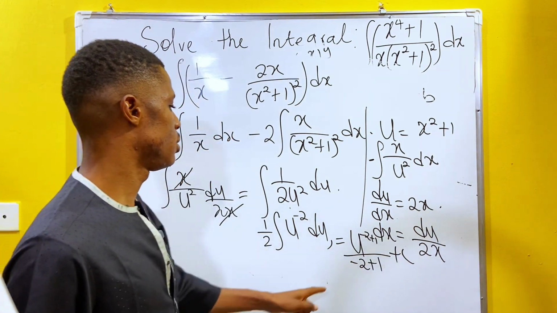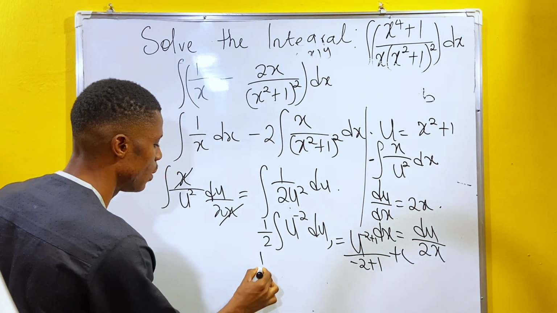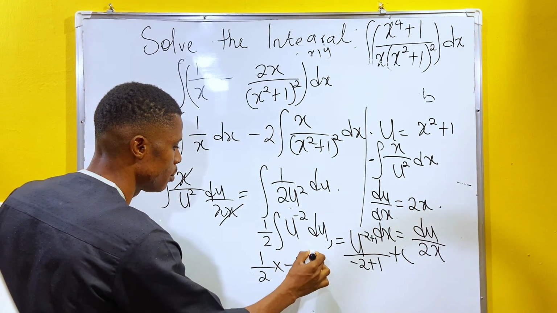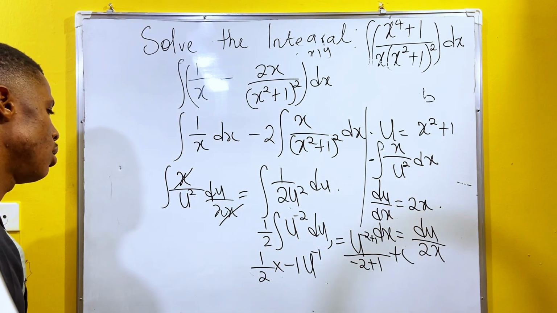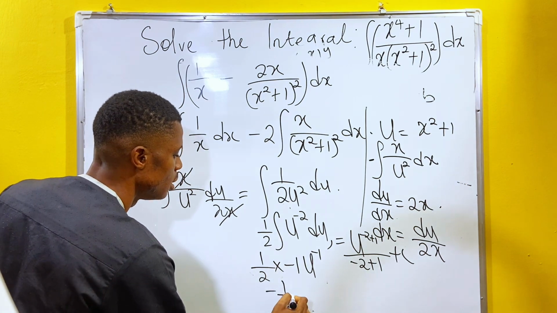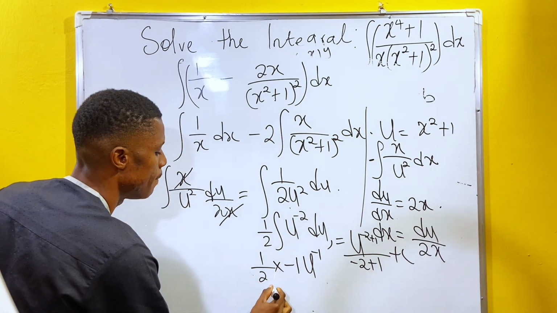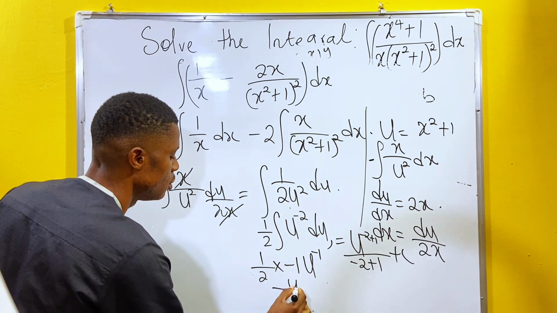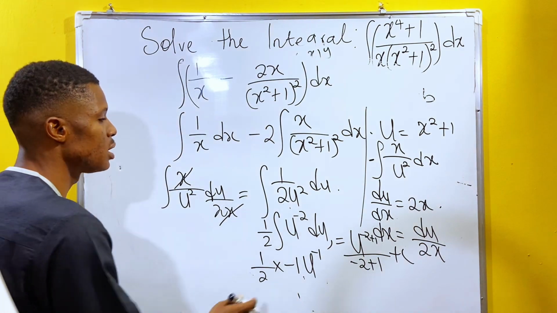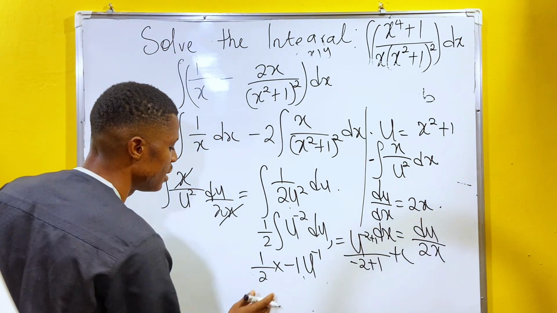So at this point, you can now see we'll be having 1 over 2 times minus 1 u to the power of minus 1. And that will be minus 1 over 2 times u to the minus 1. And this will be putting u back to what it is originally.